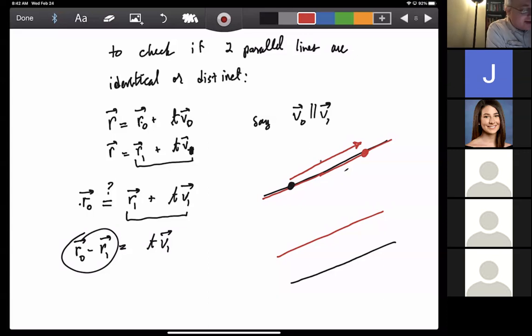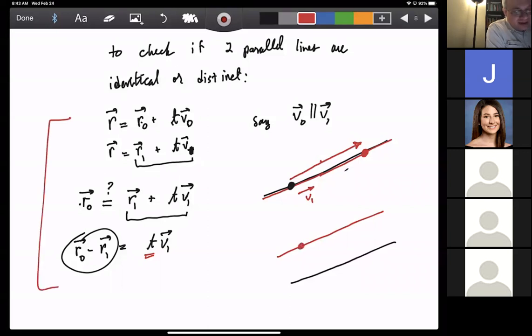So that vector would have to be some scalar multiple of one of the direction vectors that I have for the lines. It has to be parallel to the direction vector for the line. Yeah, that makes sense. Thank you. That's what we're saying here.